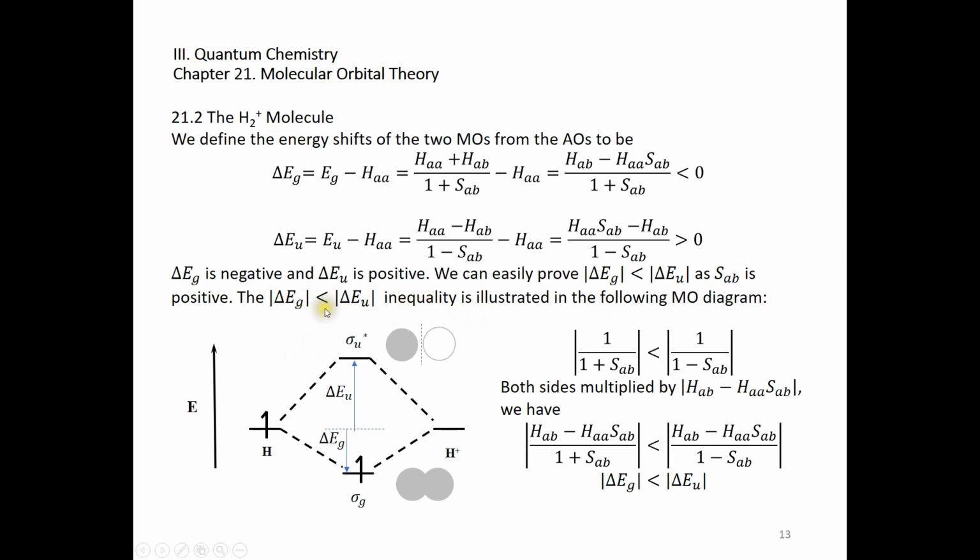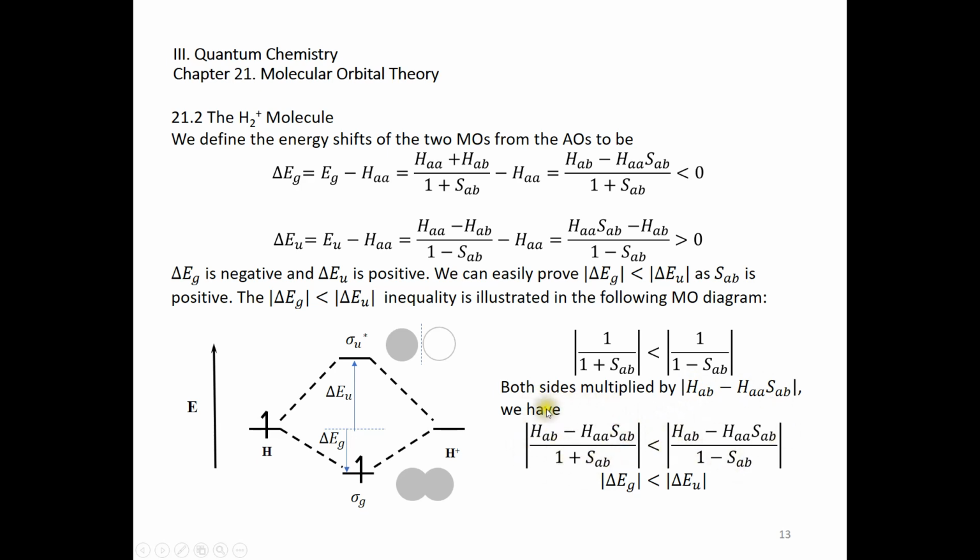Delta E sub G is less than delta E sub U in their magnitudes. First we can write this easily: 1 over 1 plus S_AB is less than 1 over 1 minus S_AB, because this S_AB, the overlap integral, is between 0 and 1. And now I multiply both sides by a positive number, which is H_AB minus H_AA times S_AB. So we have this less than this.